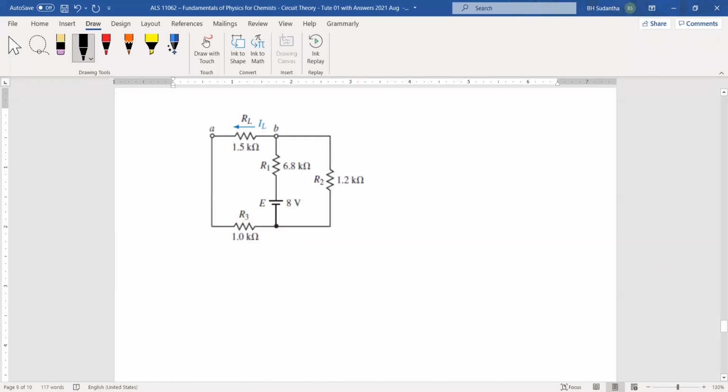Okay, this question here, actually we have to identify the component. And this is the one we are going to remove because this is the current we want to find. Then we can draw the circuit.